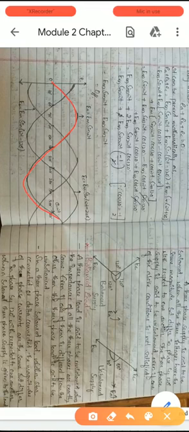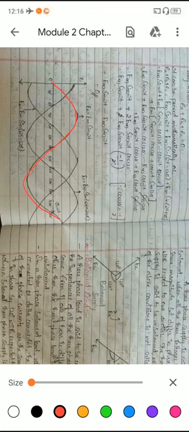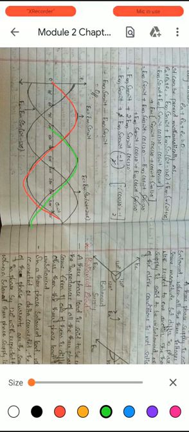There is no phase, hence it is starting from the origin. The second one is starting from, or delayed by, 120 degrees. So it will be Em sin omega t minus 120 degrees. If you retrace it, you will get a waveform like this.